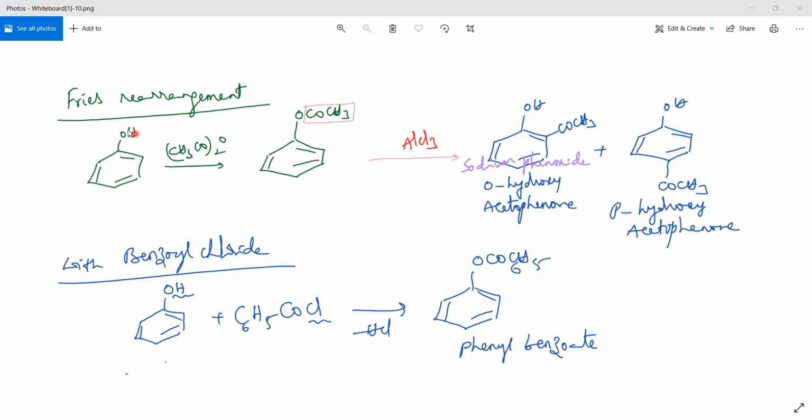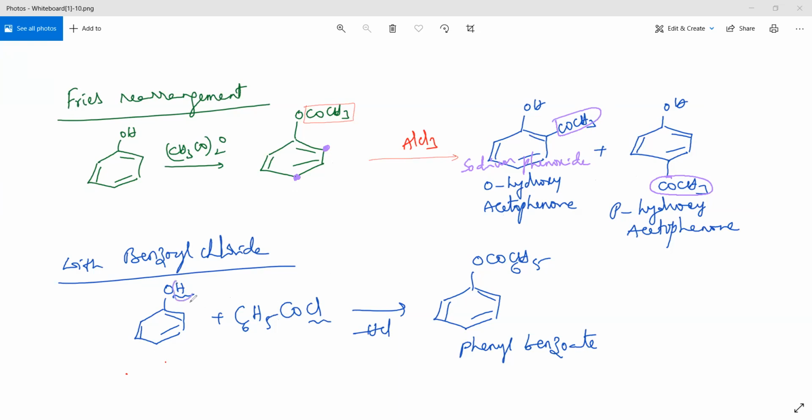On acetylation, the H plus will be removed, and in place of it you get the CH3CO group. Then the COCH3 group rearranges to ortho and para positions. So COCH3 at ortho, COCH3 at para position.